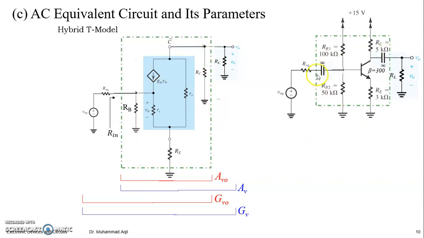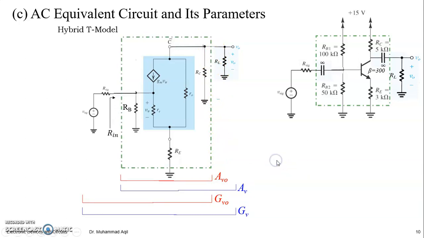For example, here we cannot see easily what is the input resistance faced by the signal source. Whereas here we can see what is the input resistance felt by the signal coming out of this practical signal source, right? And the same will be the case for Rout and others.